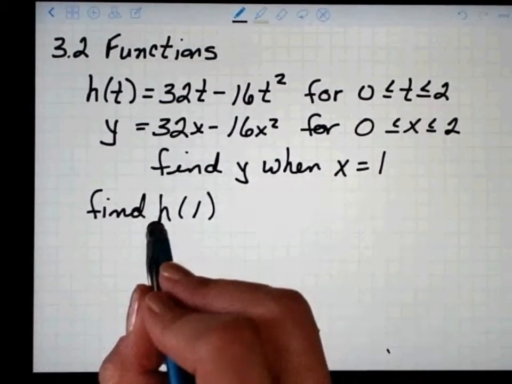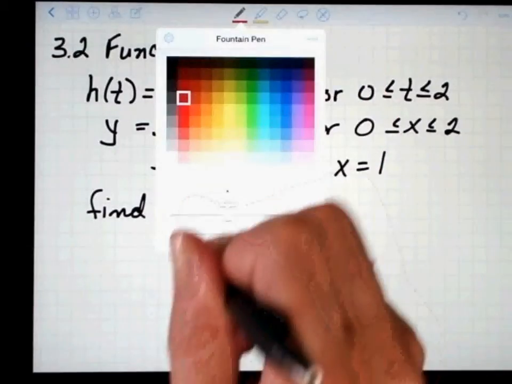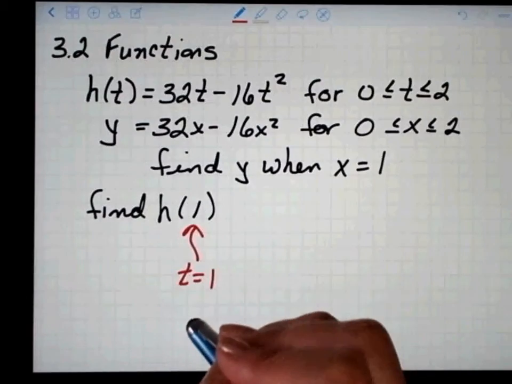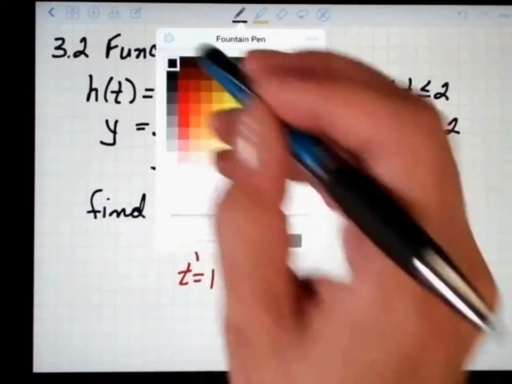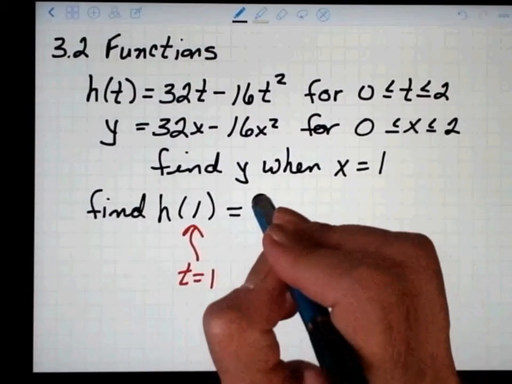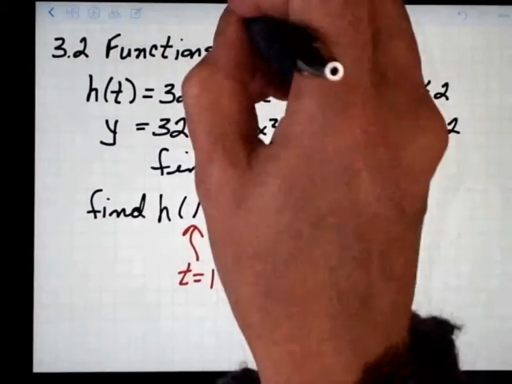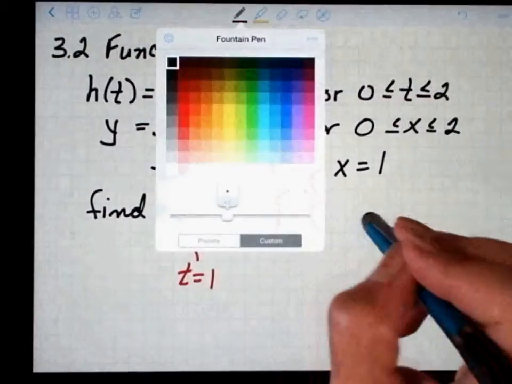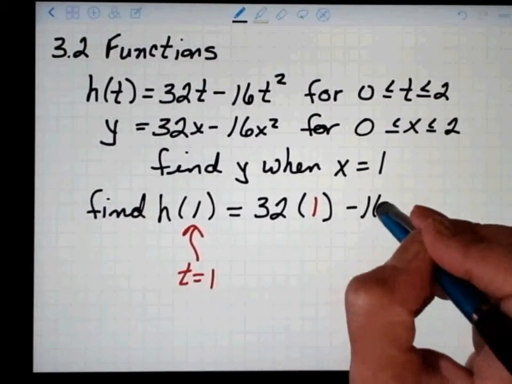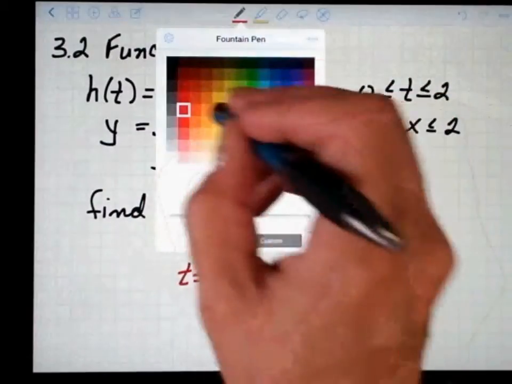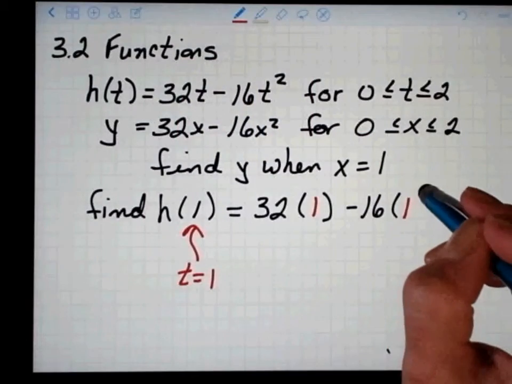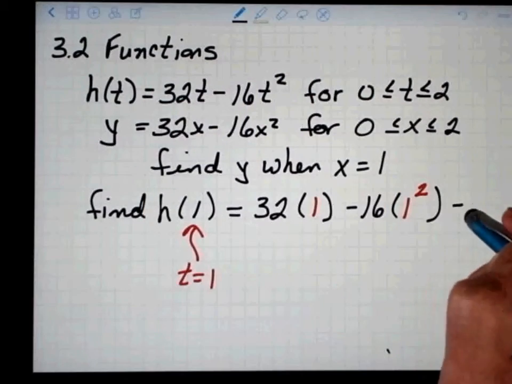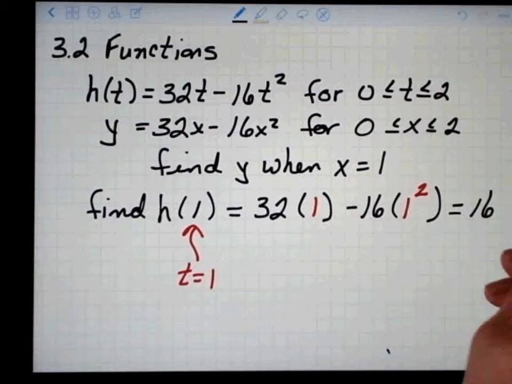What we're saying when we write out h of 1 is replace all your t's with 1. So h of 1 is going to equal 32 times 1 minus 16 times 1 squared, which is 16.